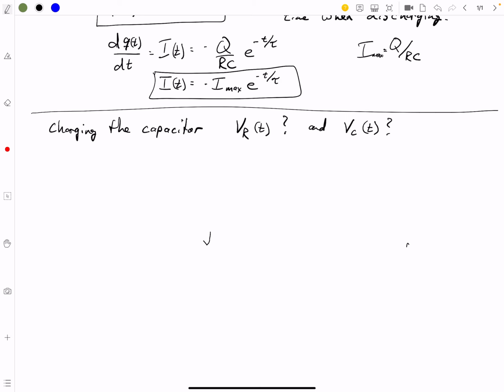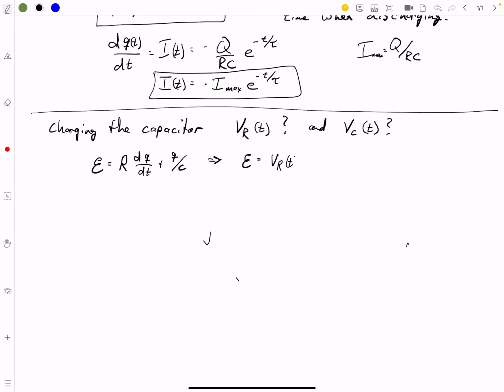So, fine. Let's go back to our first order differential equation and rewrite an equation.